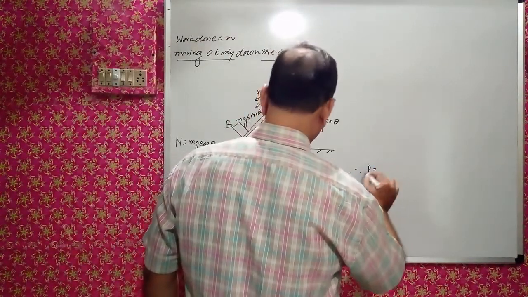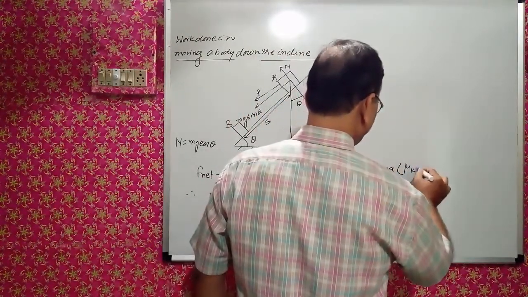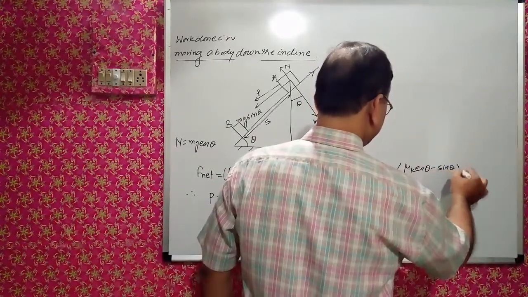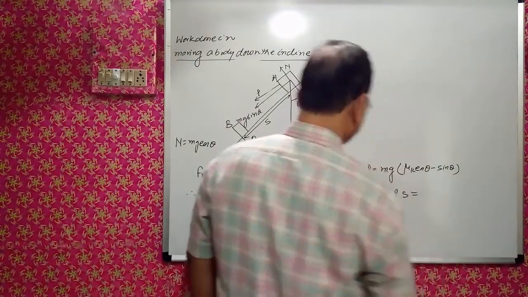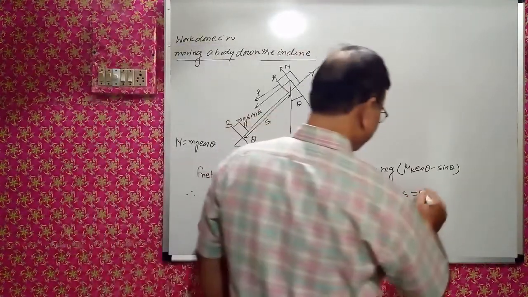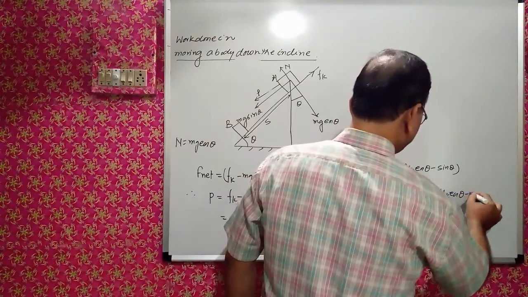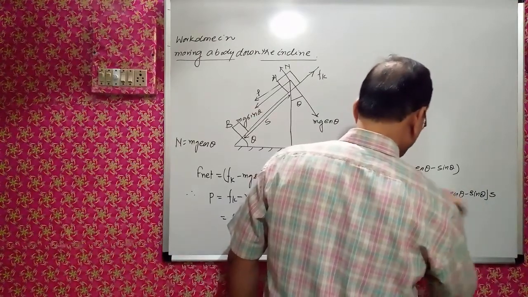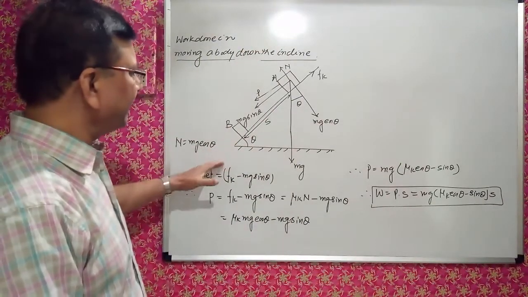Therefore P is equal to, taking mg common, mg into mu k cos theta minus sin theta. Therefore work done is equal to P into S, because force and displacement both are in the same direction, displacement is S. Therefore mg into mu k cos theta minus sin theta into S. This is the work done by moving the object down the inclined plane.